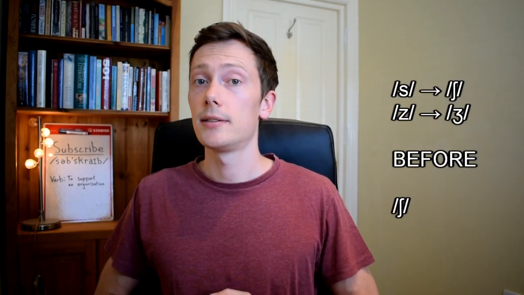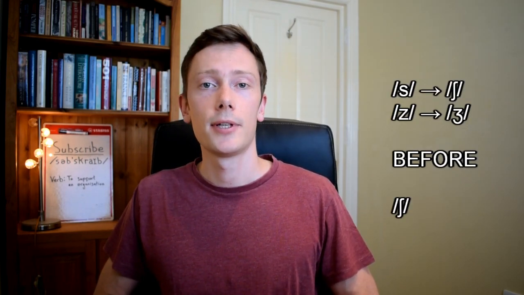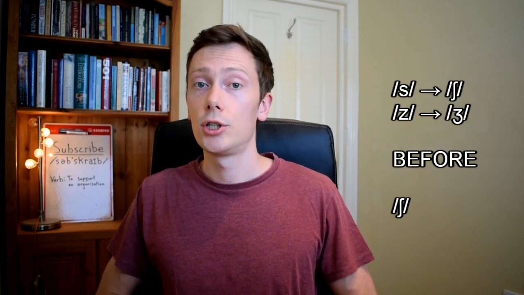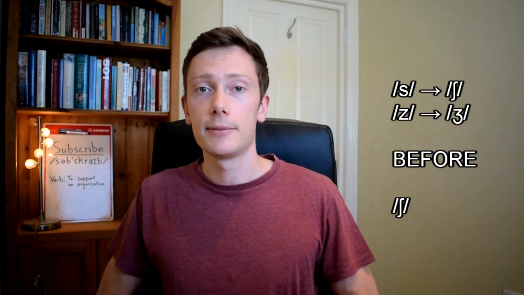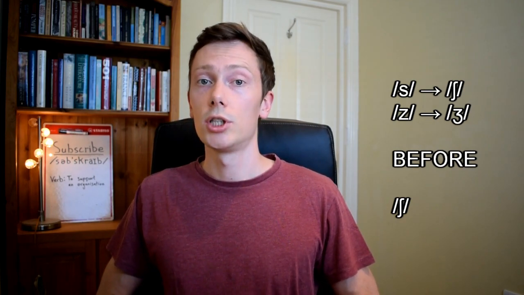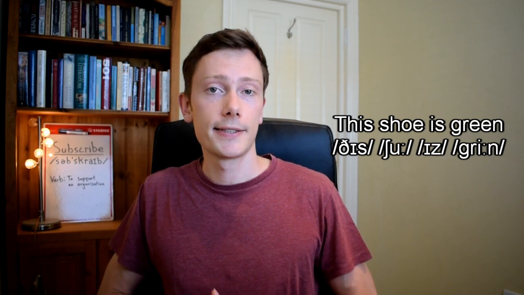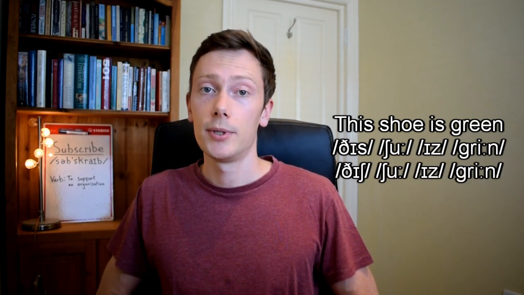When the s or z sounds appear before the sh sound, they move back slightly and are replaced by the sh or zh sounds. For example, this shoe is green. When I speak naturally, it sounds like this shoe is green.